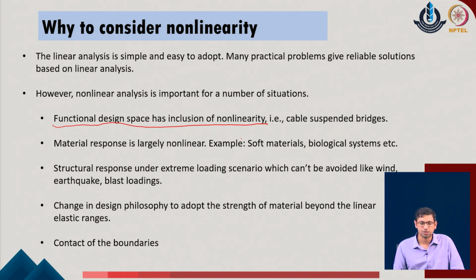So, in these situations the design itself is done with the idea that the structure will not be fully rigid or will not be maintaining the small deformation in the given system, but may also undergo some large displacements, and then these functional requirements cannot be fulfilled if we do not include the nonlinearity in the analysis and the design of the given system.